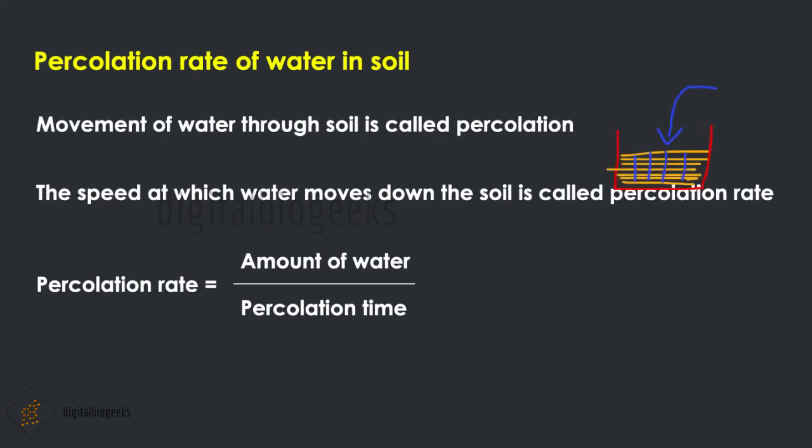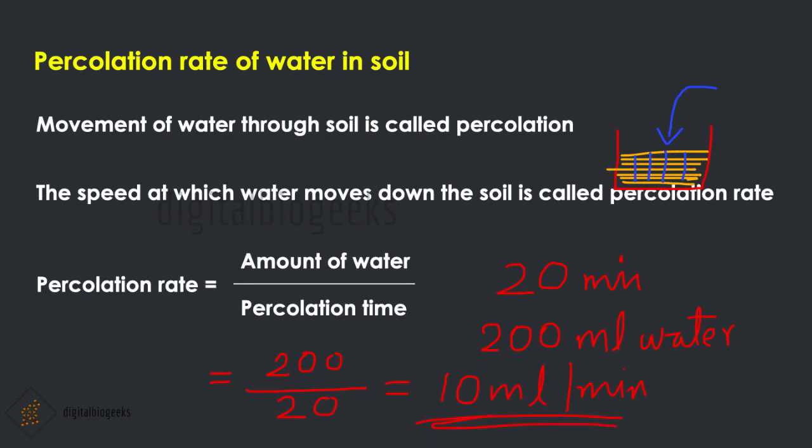For example, if a sample of soil takes 20 minutes to percolate 200 ml of water, then the percolation rate is equal to 200 divided by 20. That means 10 milliliter per minute. This is the percolation rate.